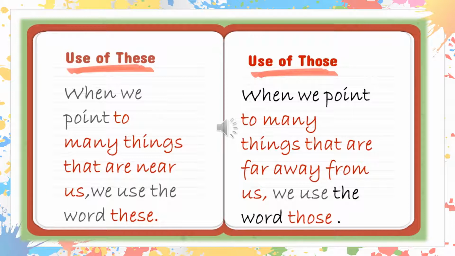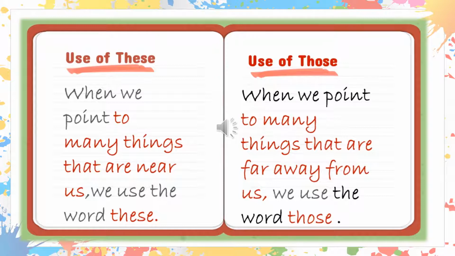But when we point towards many things that are far away from us, at a distance from us, that we cannot touch at the time of speaking, we use the word those for them. So things closer to us, we use these.